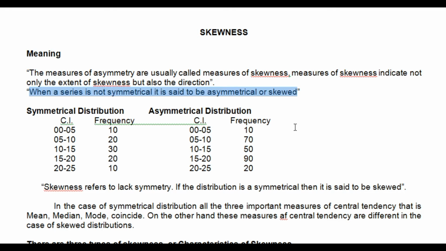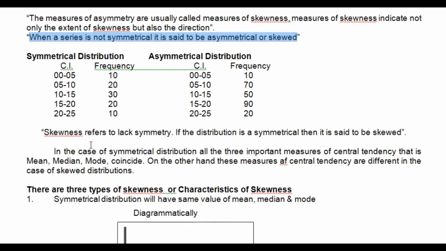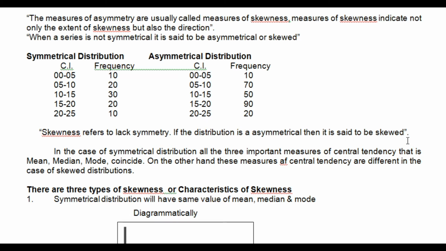So skewness is the study of the asymmetrical way. Asymmetrical study is known as skewness or skewed. One more meaning: skewness refers to lack of symmetry. If a distribution is symmetrical, it is called symmetrical; if not symmetrical, asymmetrical, then it is said to be skewed or skewness.